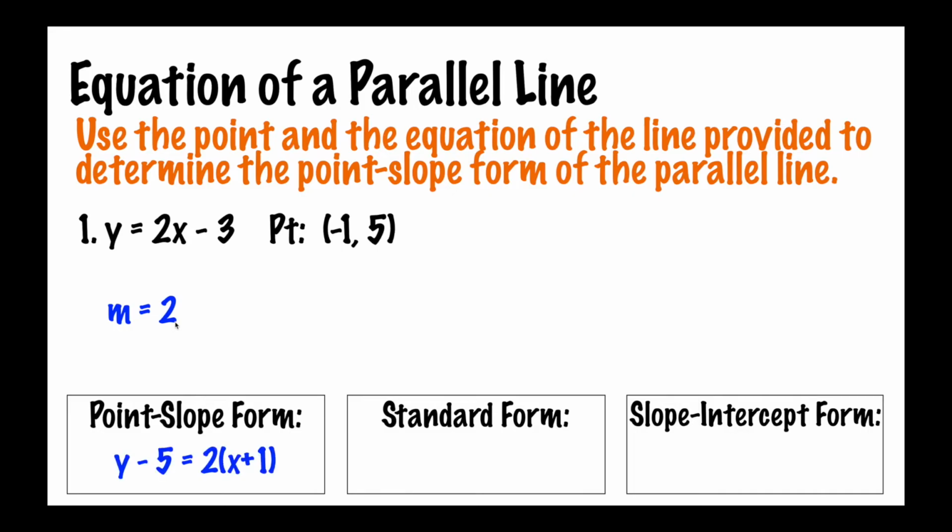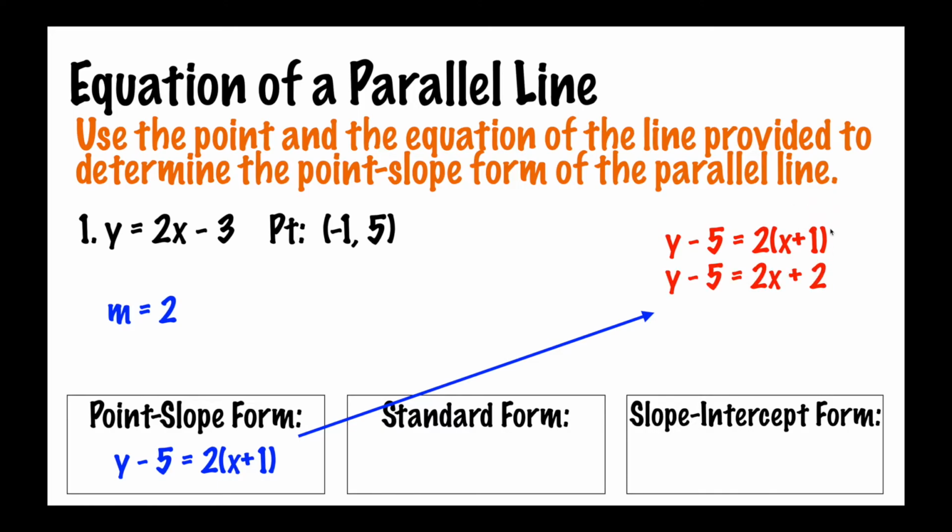Now from there, when we want to write in standard form and slope-intercept form, the easiest one to move into next is going to be slope-intercept form. So I'm going to take this line right here and just solve this for y. And my work is going to be written over here. So I'm taking the equation that we just got, and I'm going to start by distributing the 2 in, which gives me y minus 5 equals 2x plus 2.